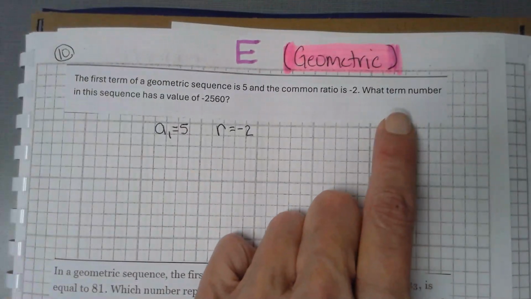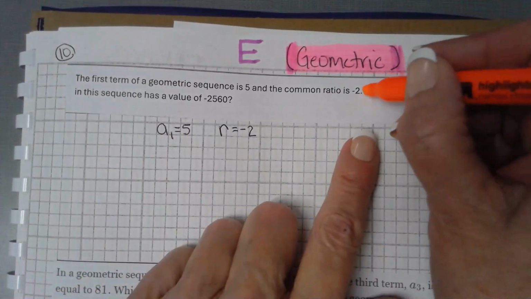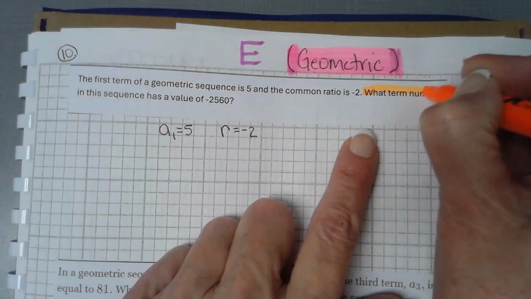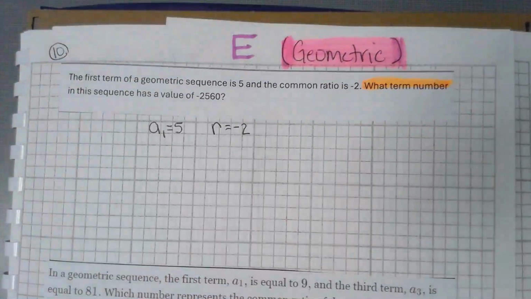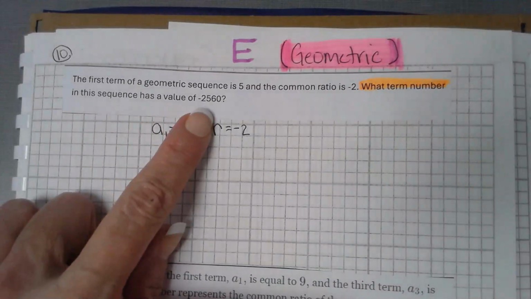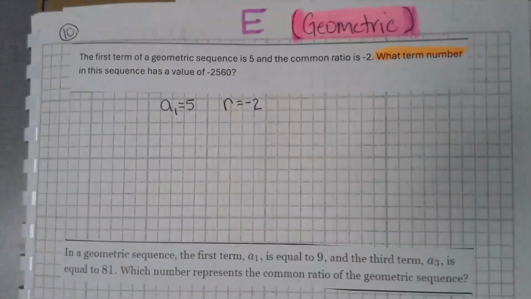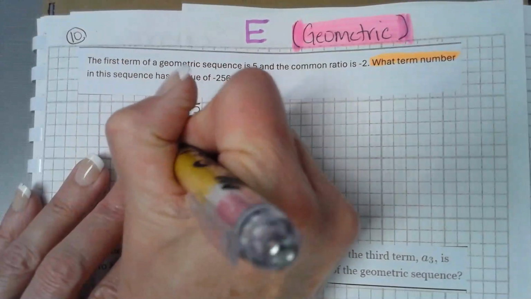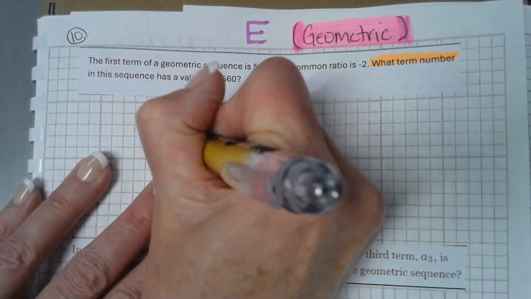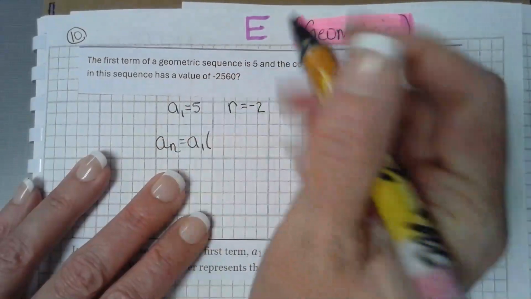Notice its question is, what term number? We are looking for n. They are not giving us n. What term number has a value of negative 2,560?